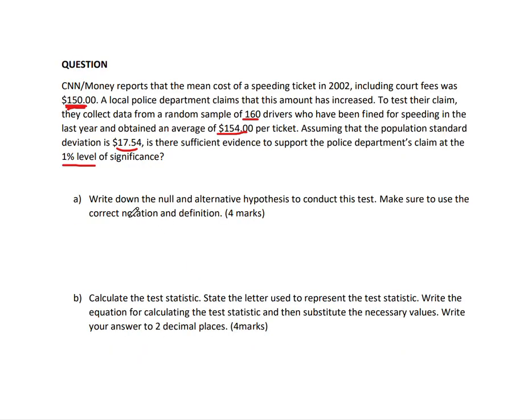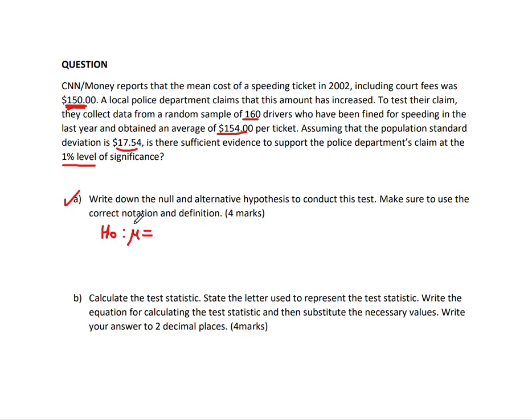So we're asked, firstly, to write down the null and alternate hypotheses to conduct this test. Use correct notation, and this would be 4 marks. So firstly, we're going to write the null hypothesis. The null hypothesis is H0. Then I write a colon, mu equal to the mean that is being challenged.